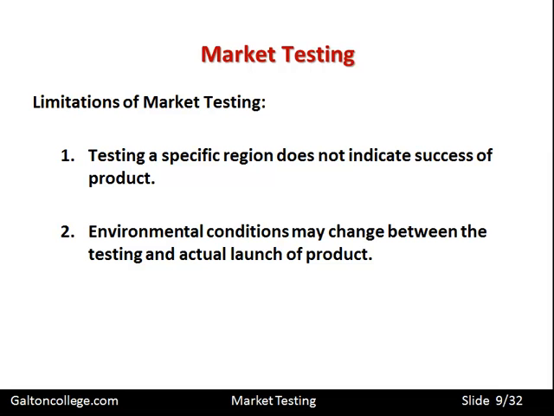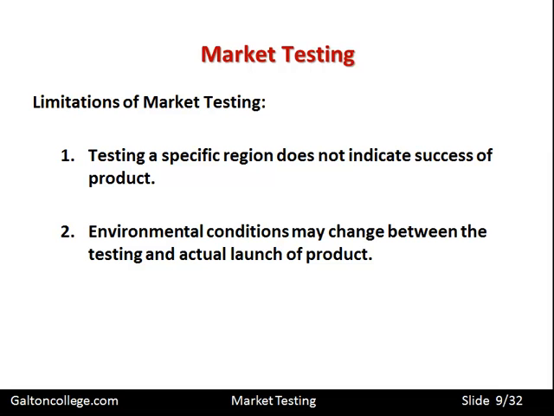If there's a long period in between the testing and the launch, something may happen. Competitors may introduce a new product again, or incomes in the area may vary significantly, or tastes may change in some significant way. There may be new ideas about the environment.